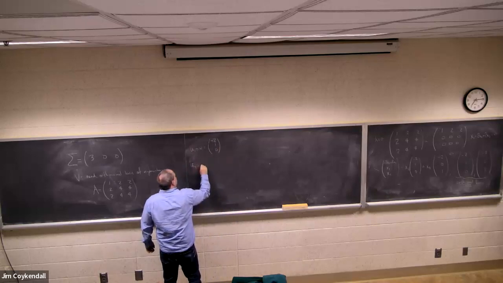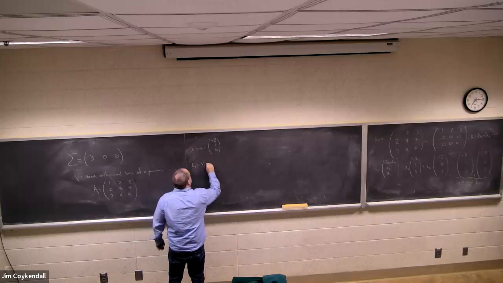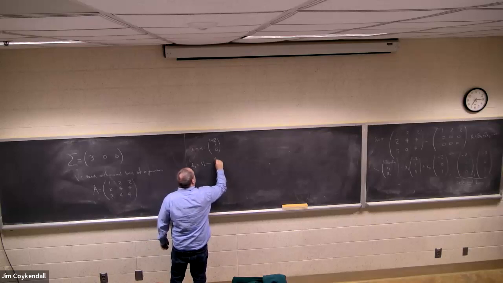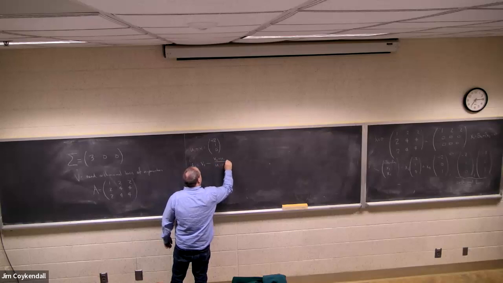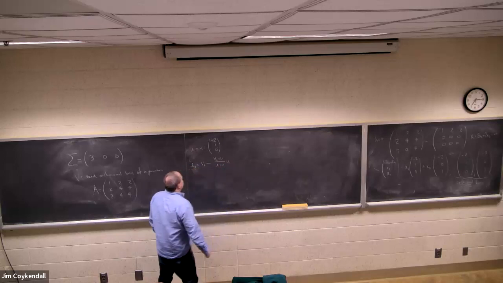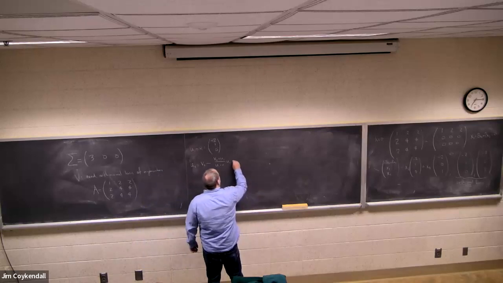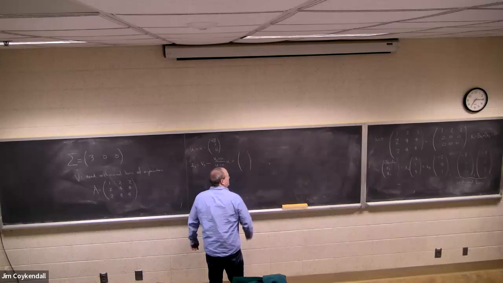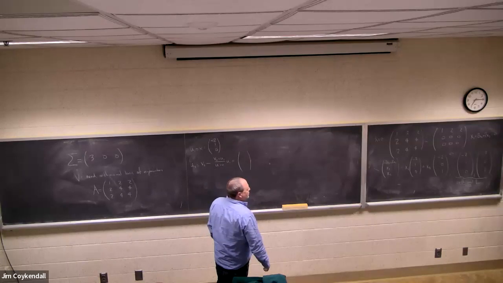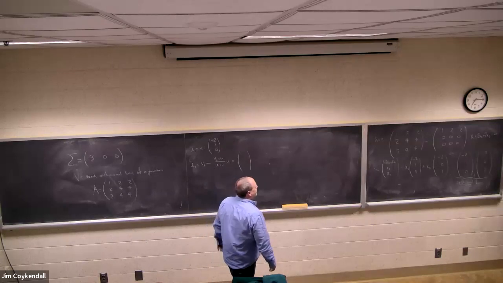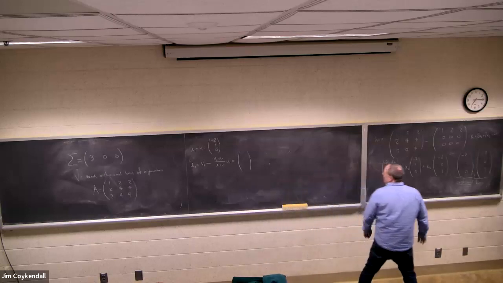U2 is V2 minus (V2 dot U1 over U1 dot U1) times U1.